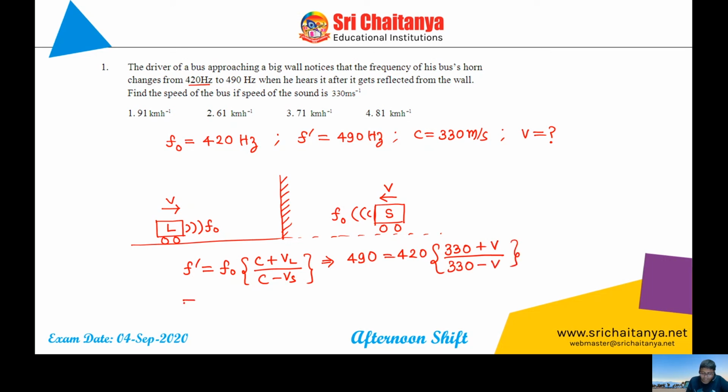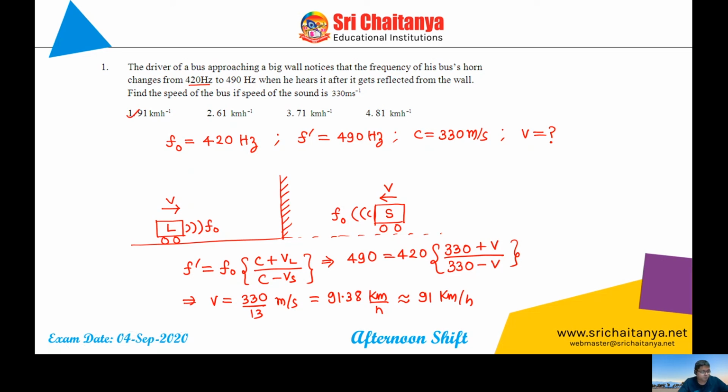And simplifying it, you will simply get v as 330 by 13 meter per second. When converted into kilometer per hour, we get 91.38 kilometer per hour, which can be approximated as 91 kilometer per hour. So option 1 would be true. So this is the first question.